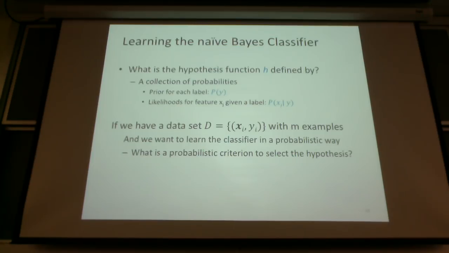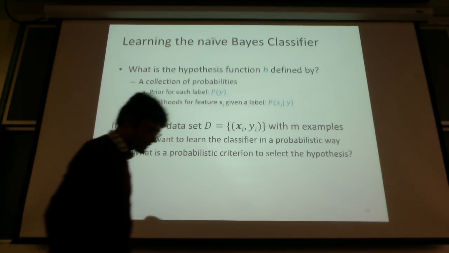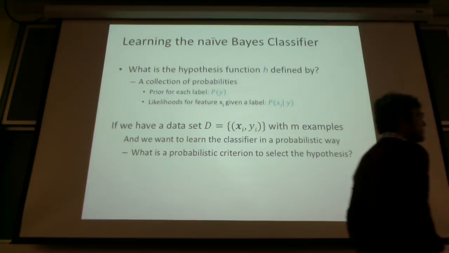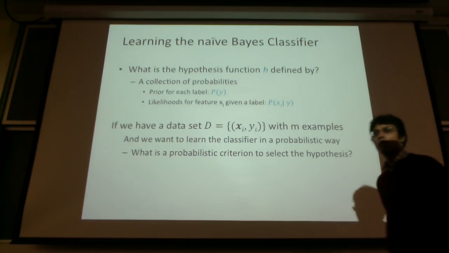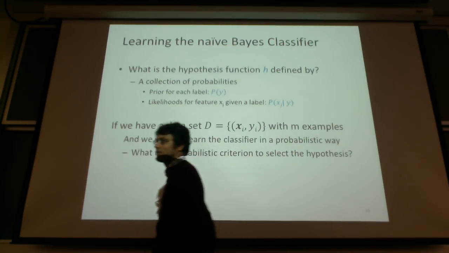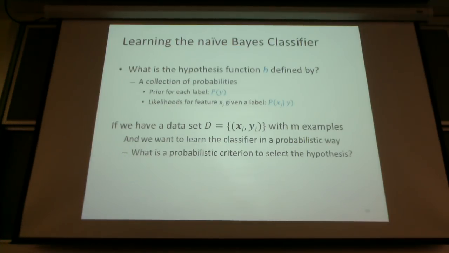Before we get into the notation, we've been talking about the naive Bayes classifier. The naive Bayes classifier uses MAP prediction. We're going to use a probabilistic criterion for choosing the hypothesis. We need to find the best hypothesis. How do we decide what is best if you are Bayesian?